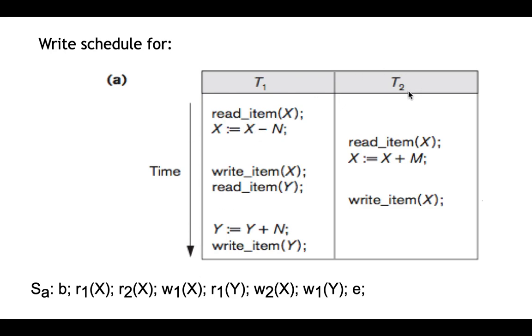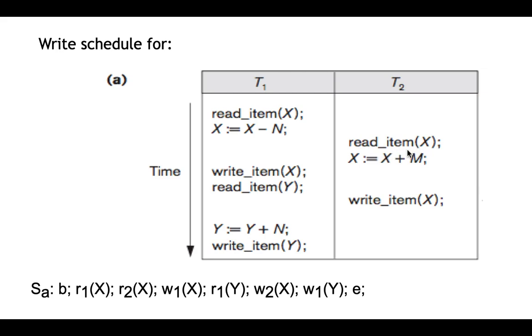Then T2 takes its operation. When transactions occur in an uncontrolled manner, there's no control over which operation can occur. If T1 and T2 are interleaved, after this, T2's operation can occur.